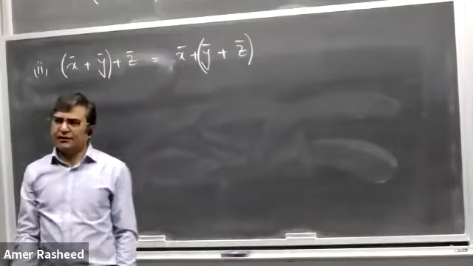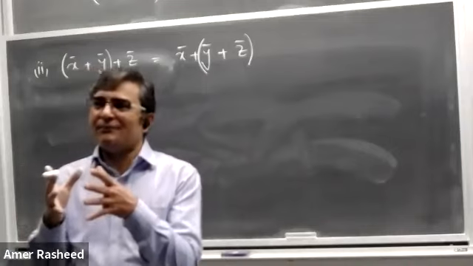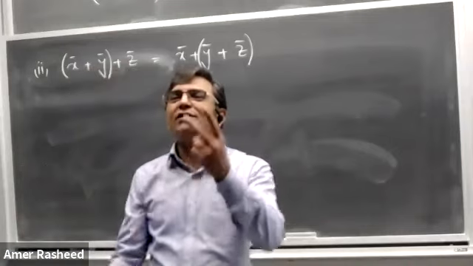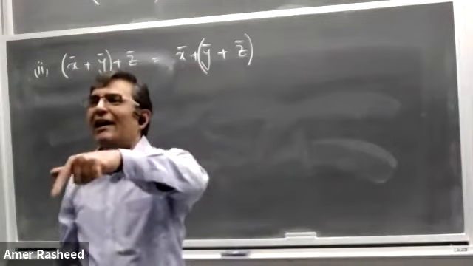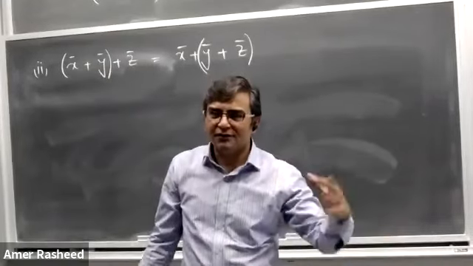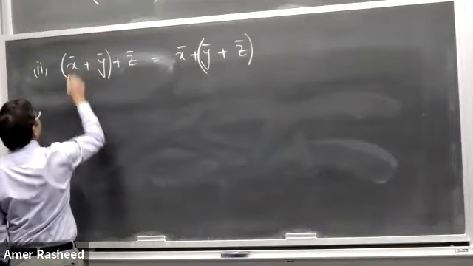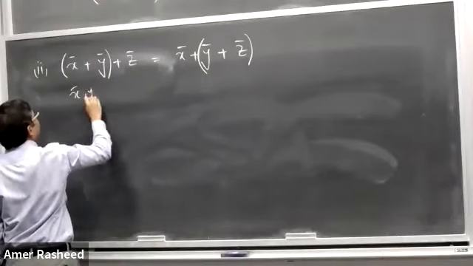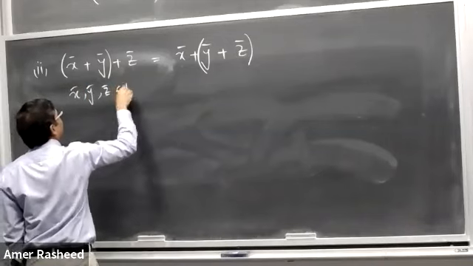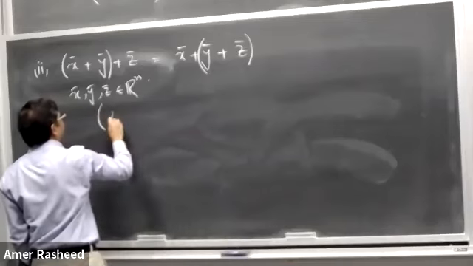It doesn't change anything because you cannot add three numbers at the same time. You have to add two numbers first, and then you have to add the third number to the resultant of that sum of two vectors. So this is called the associative property, where x, y, z in fact belong to Rn.